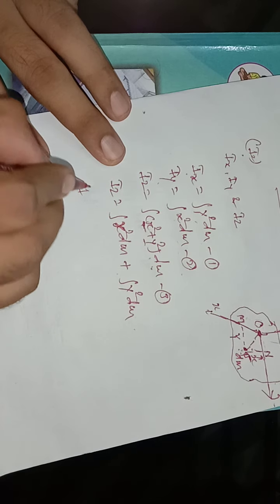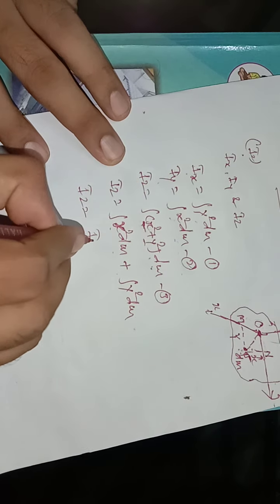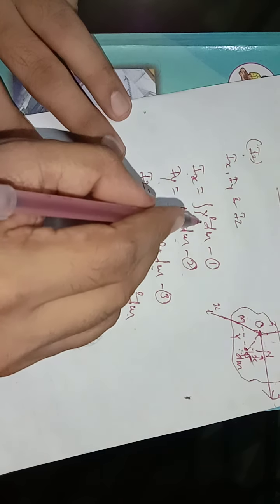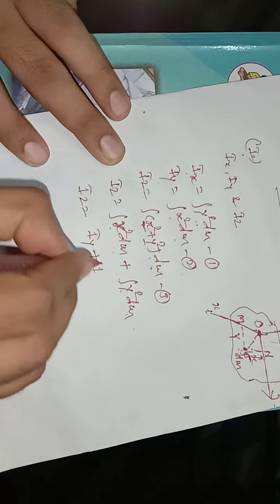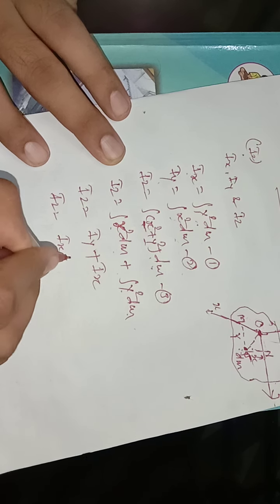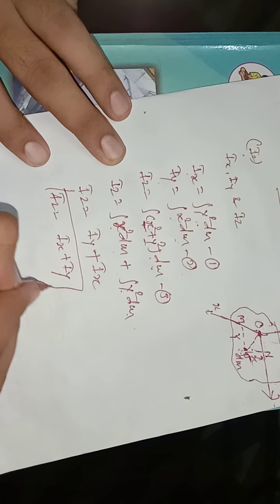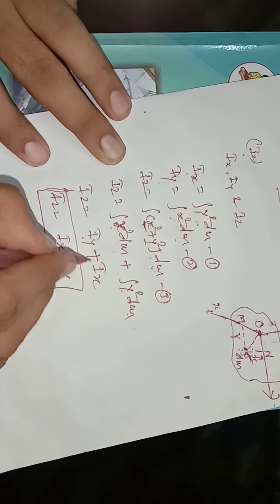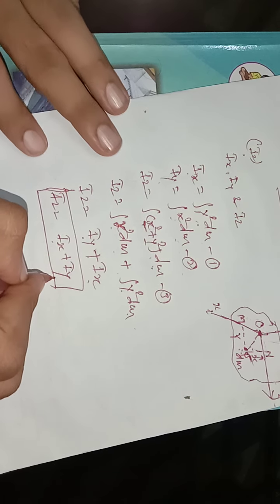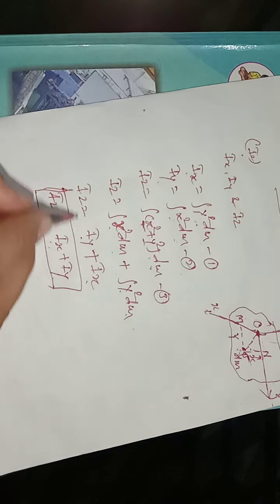So we get Iz is equal to Iy plus Ix, or Ix plus Iy. So we got this equation: Iz is equal to Ix plus Iy.